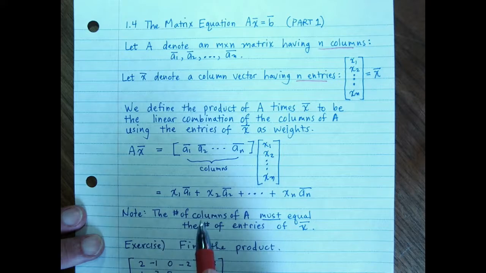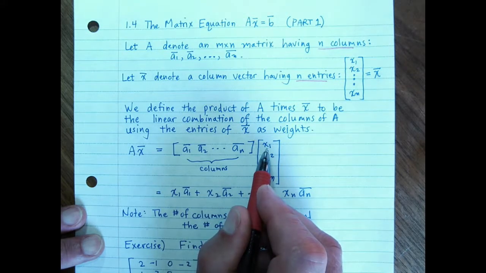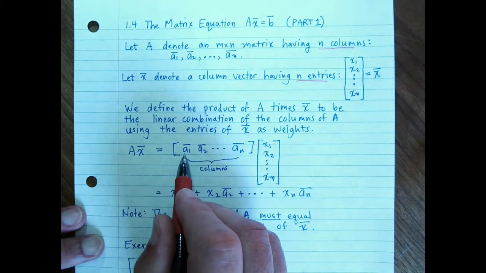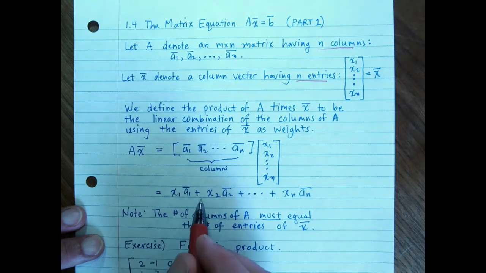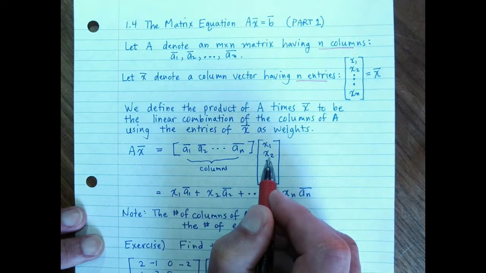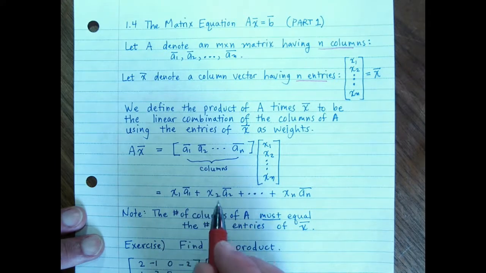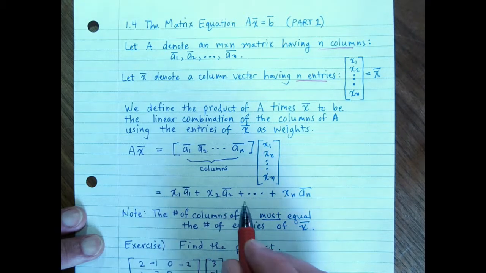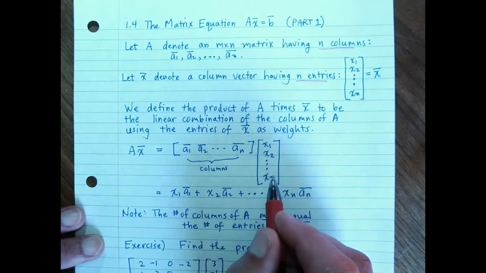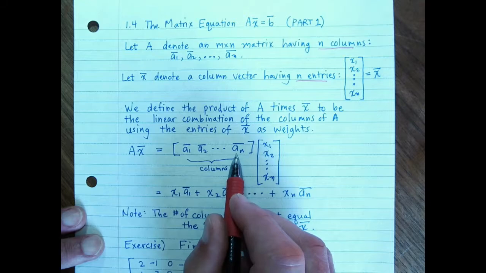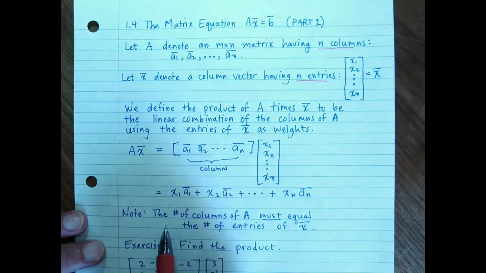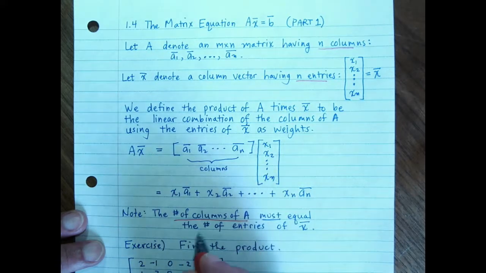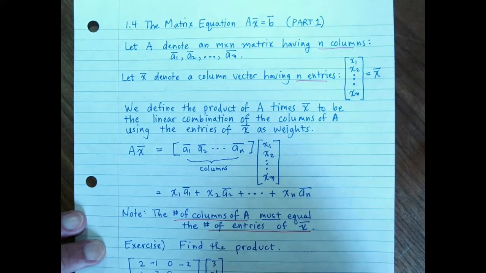What we're going to do is take each entry of x times the corresponding column of A. So I'll take x1 times A1 and add to that x2, the second entry of x, times A2, the second column of A, and go all the way down the line to the last entry of x times the last column of A. In order to carry out this calculation, the number of columns of A must equal the number of entries of x.